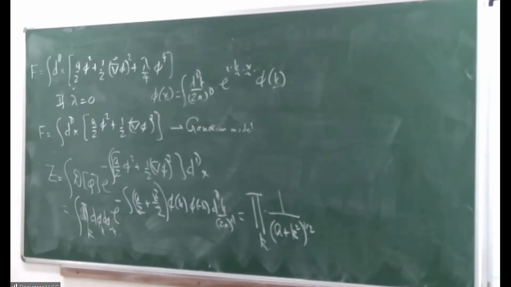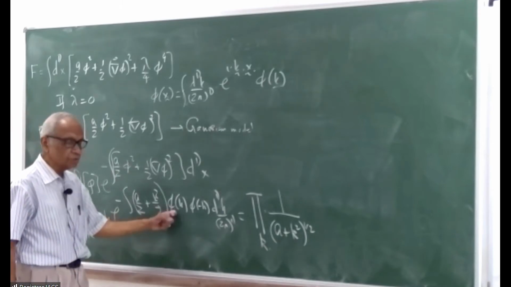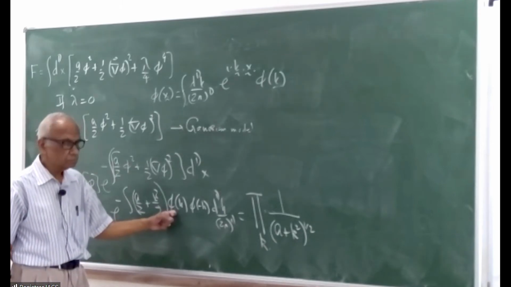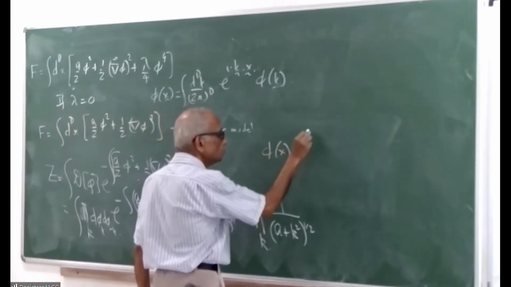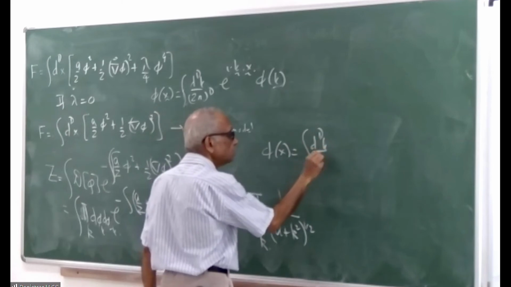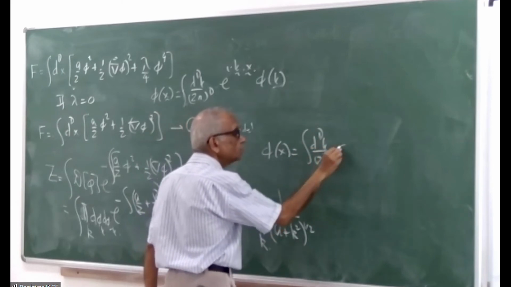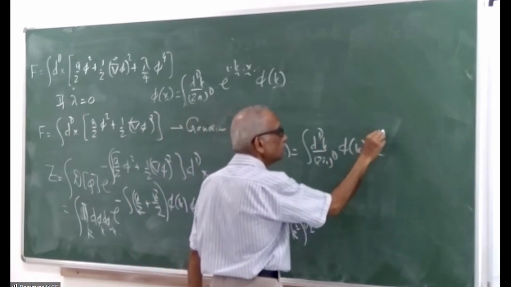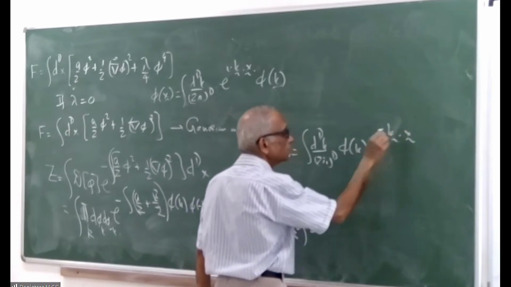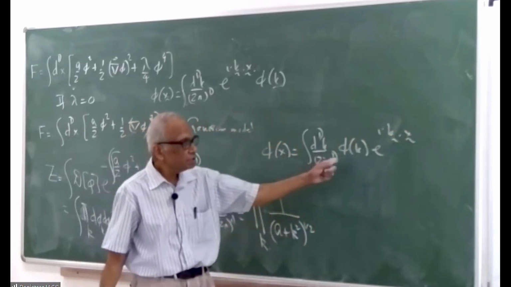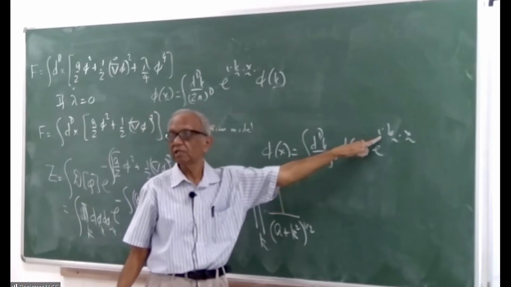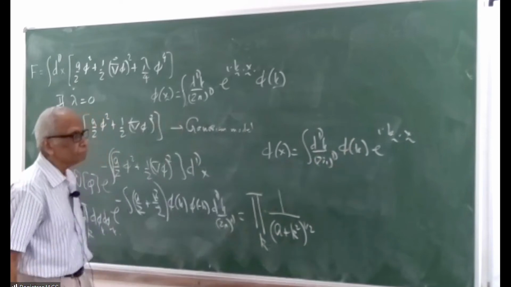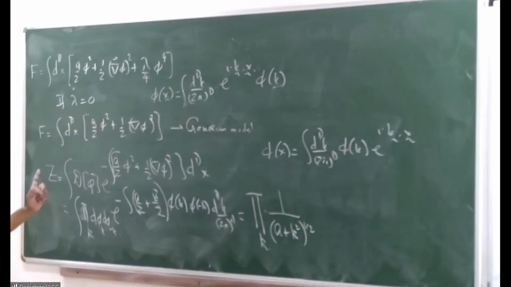k is not complex. k is real. It is φ(k) which is complex, right? I mean, φ(x) is equal to ∫ d^dk/(2π)^d φ(k) e^{ik·x}. k is real, but it is the φ(k) which is complex because I have an i over it. φ(x) is real.